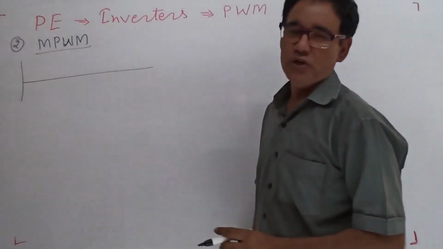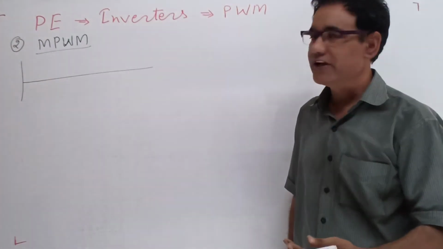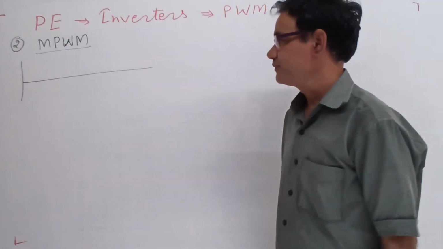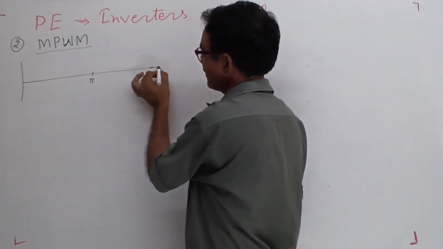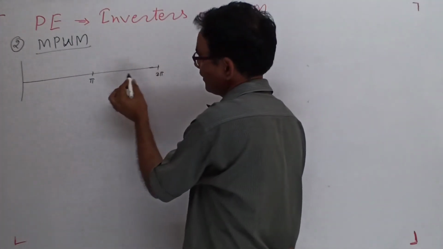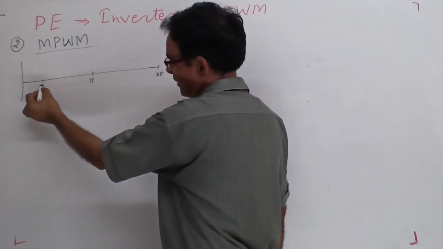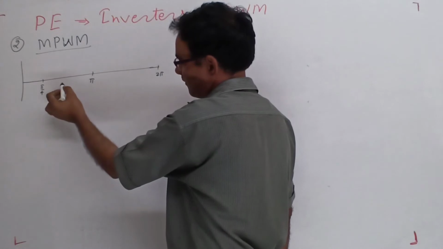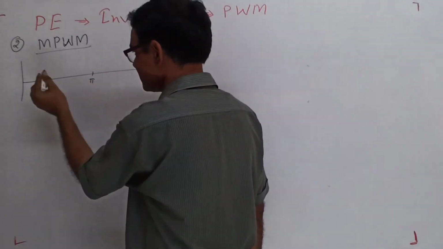Multiple pulse width modulation means there will be 2, 3, or 5 pulses. We are taking the example of 2. In an interval of pi, there are 2 pulses.